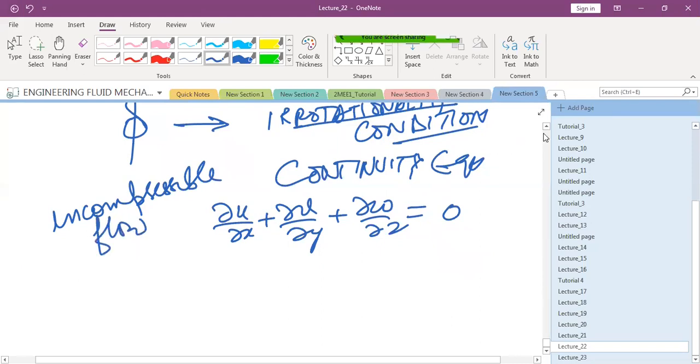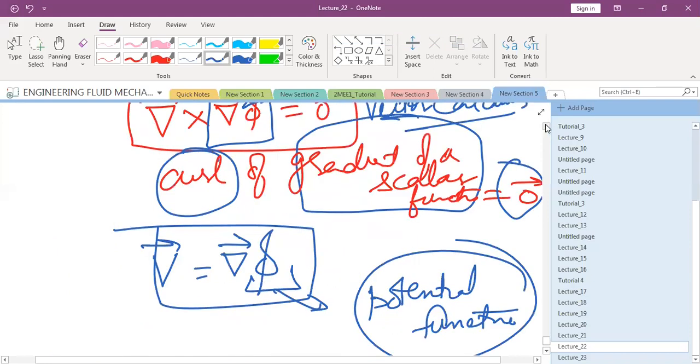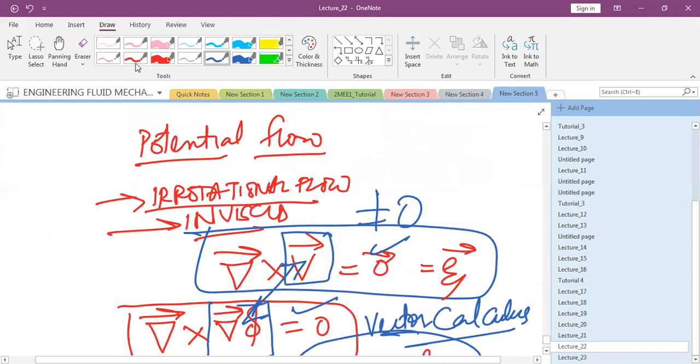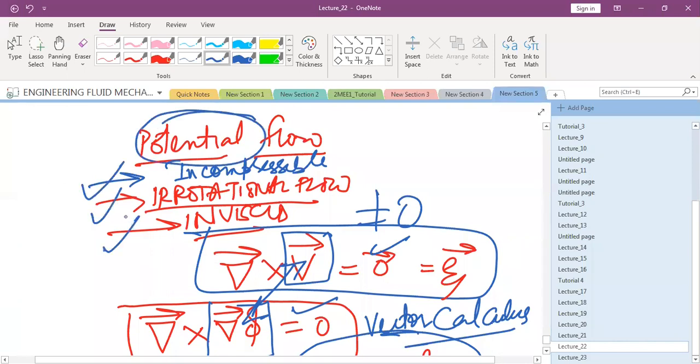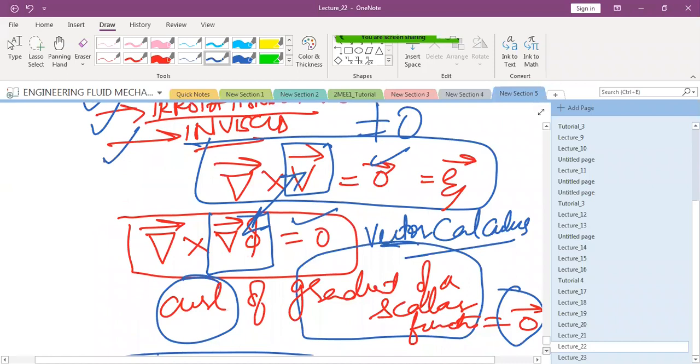Please remember, I am adding one more term here now. In addition to being inviscid and irrotational, the third condition which we have added is incompressible. So whenever I talk about potential flow, I have these three inherent assumptions in that. Is that clear? Any doubts?